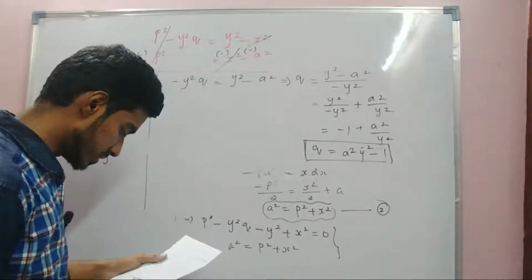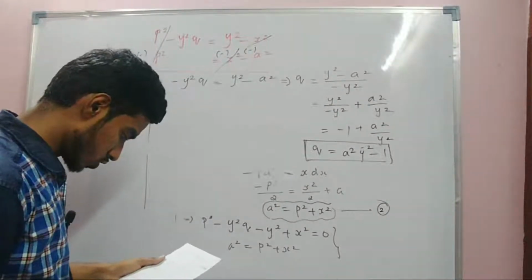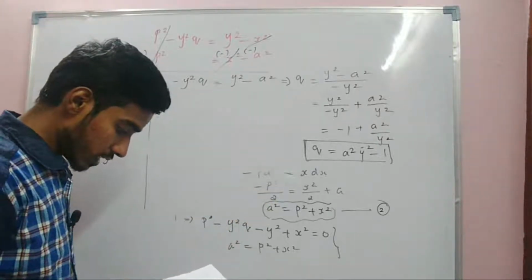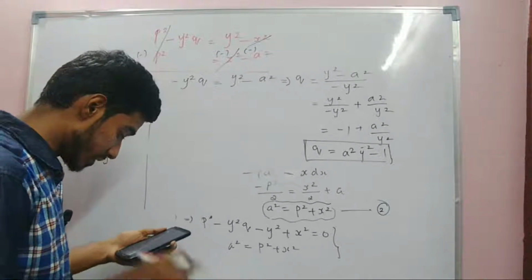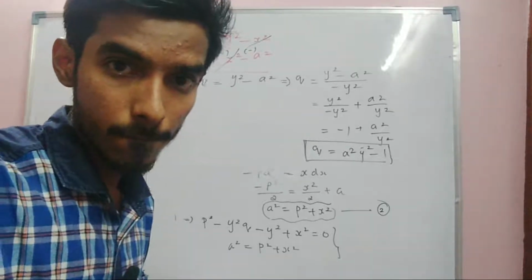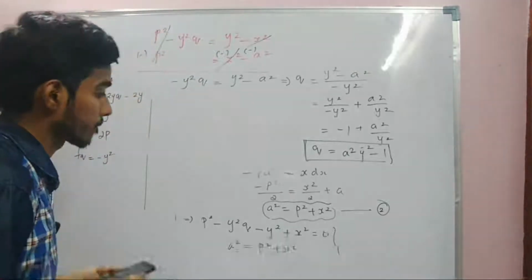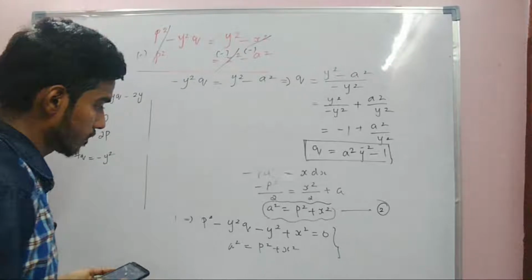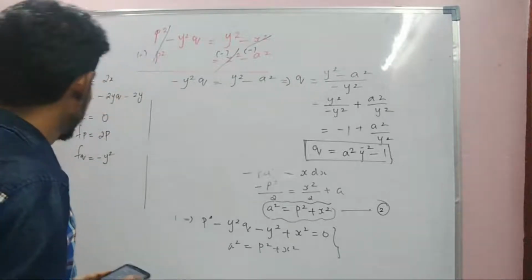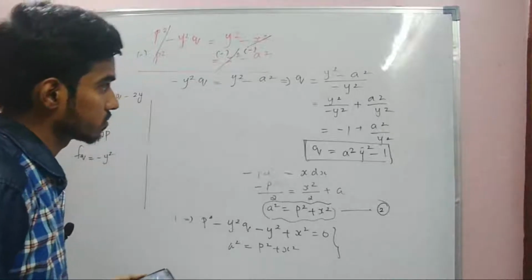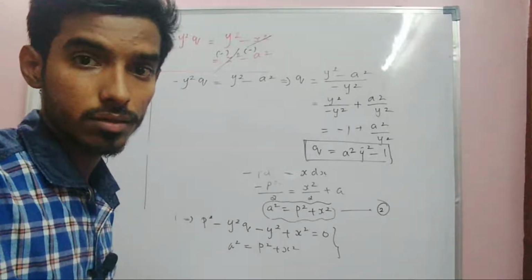We can do this very easily, right? So q is equal to a square y power minus 2 minus 1. Yes, we got the right answer. Where minus 2x square?